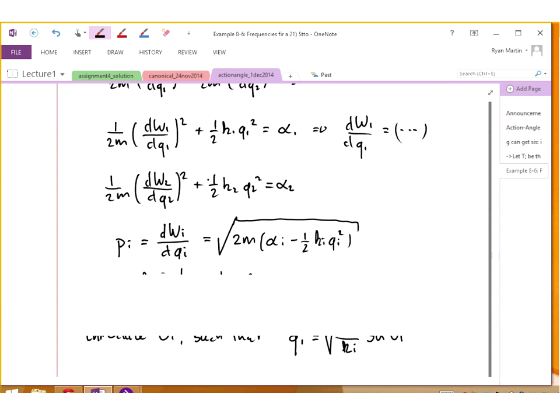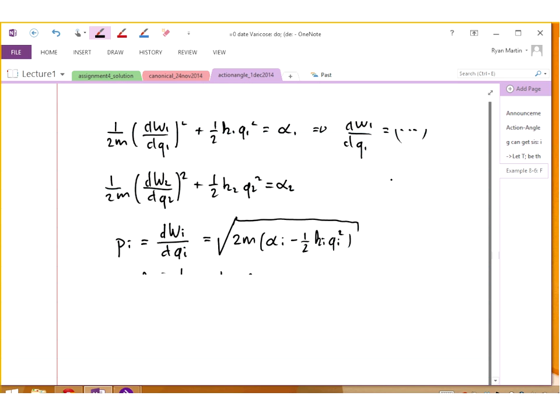So when you introduce a new variable to do an integral, you need to figure out what dq_i is in terms of the new variable. So dq_i is given by the square root of 2α_i over k_i. If I take the derivative of sine theta, I get cos theta_i d theta_i.